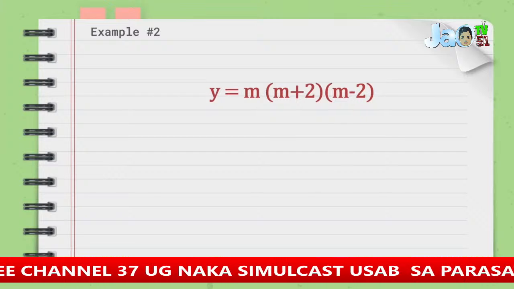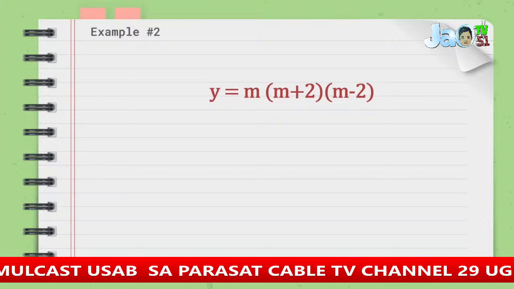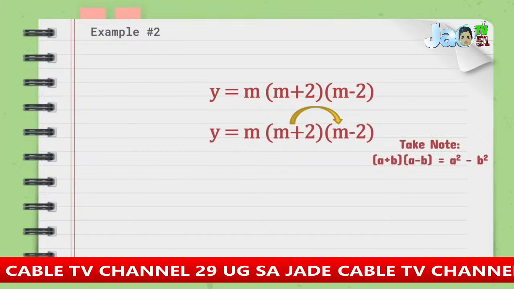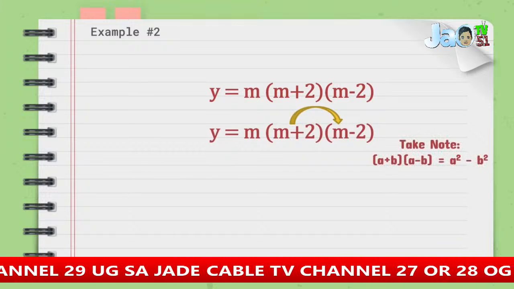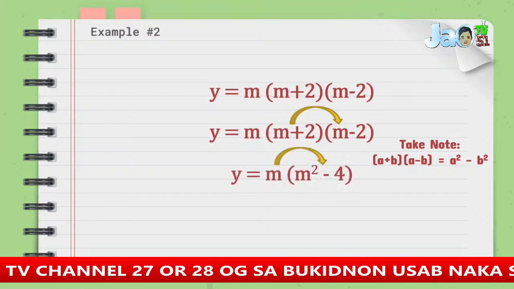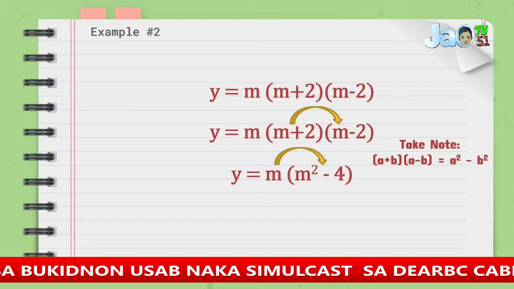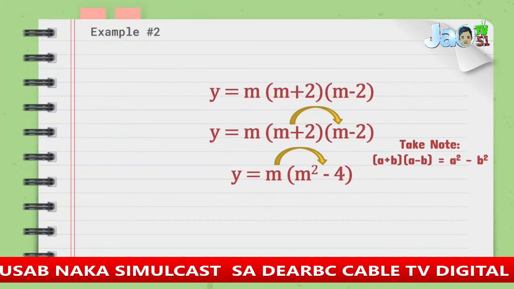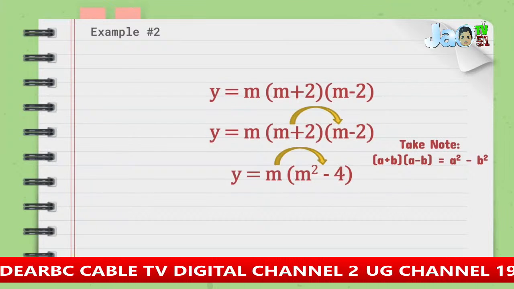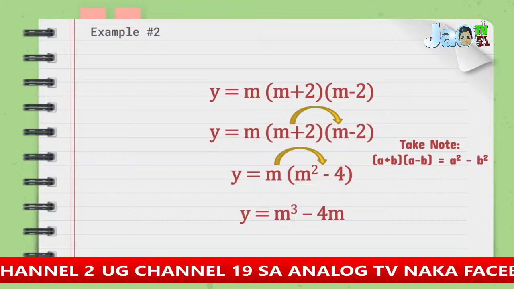To do this, get the product of the sum and difference of two terms, and that is m squared minus 4. Multiply m with m squared minus 4 using the distributive property, and the standard form is y equals m cubed minus 4m.